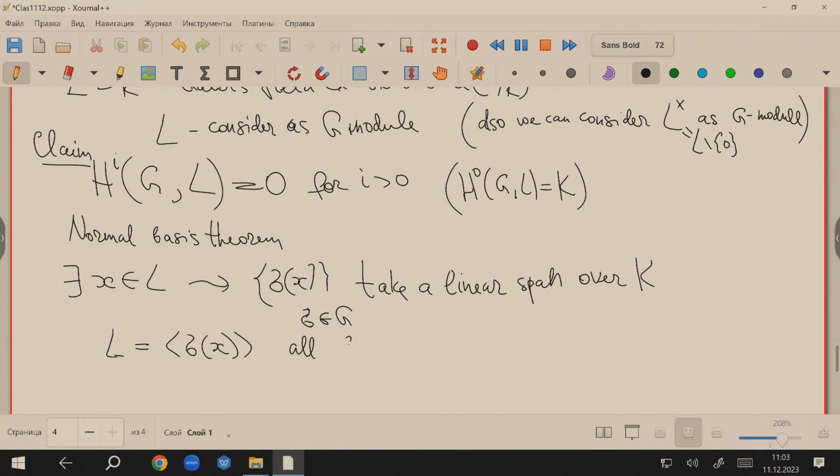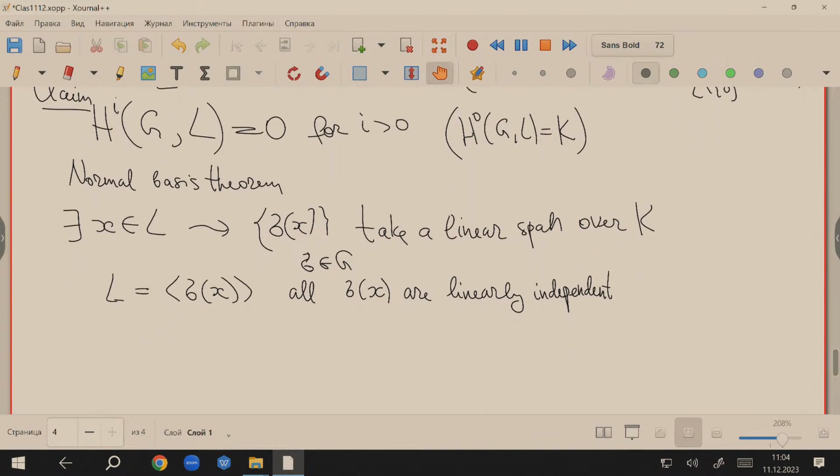So all sigma x are linearly independent. That means that the stabilizer of the element in the Galois group is trivial, and this allows us to say that L is equal to the group algebra of G applied to your given element x.